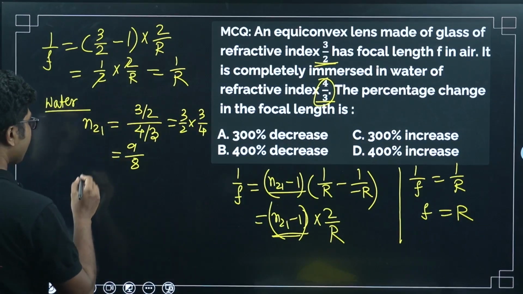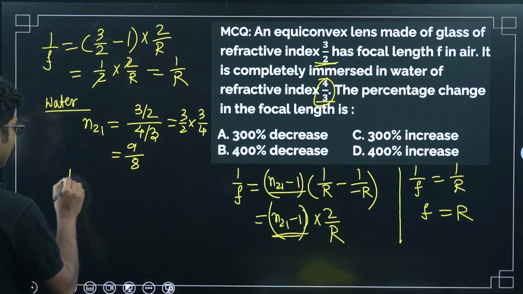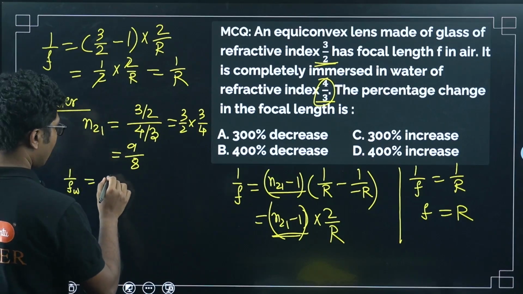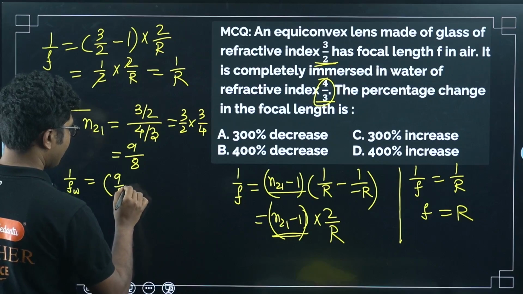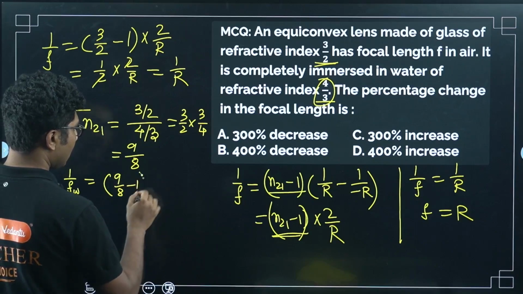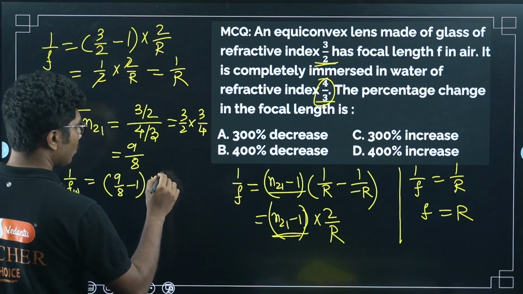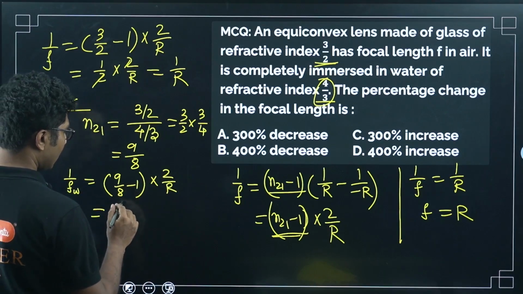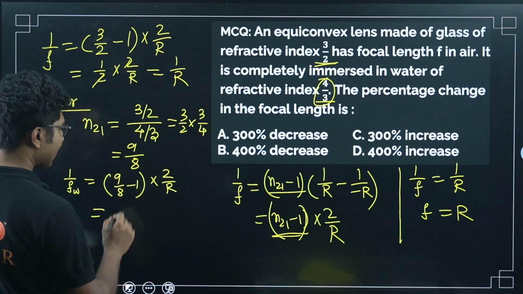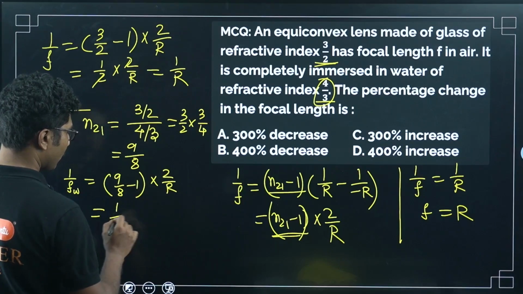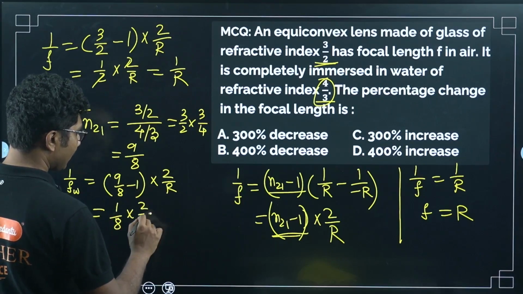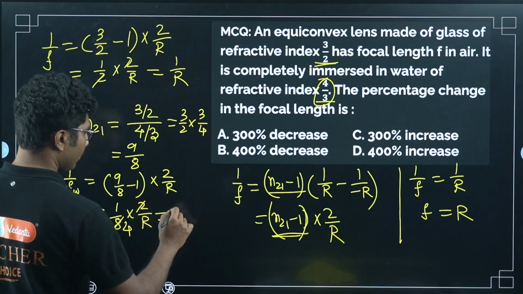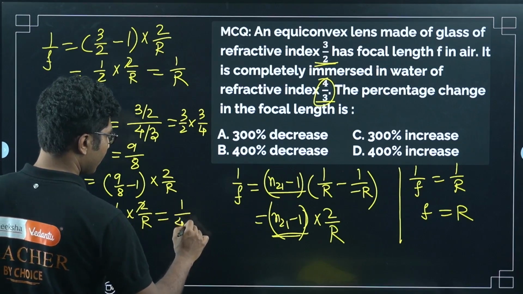Now from this equation, let us continue. 1 by f water is equal to (9 by 8 minus 1) times 2 by r. Right? So 9 by 8 minus 1 means 1 by 8 simply. Okay, you can simplify that the way you want. So it will be 4r. So 1 by f water is 1 by 4r.